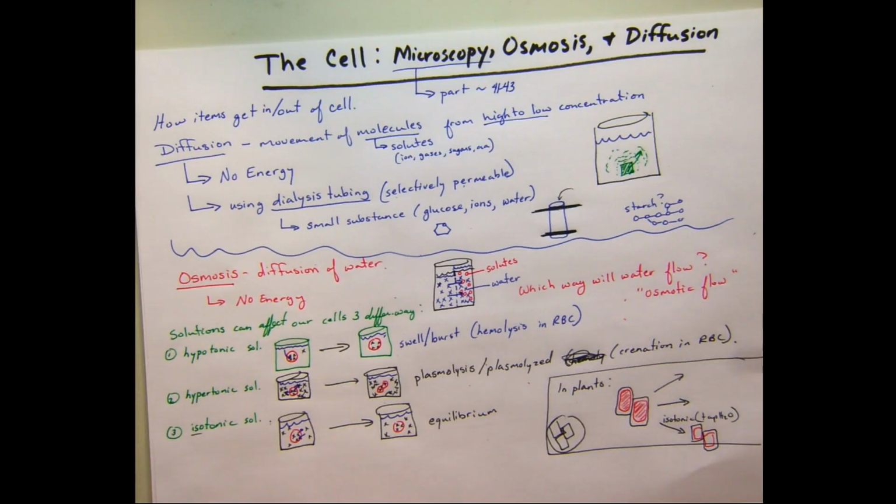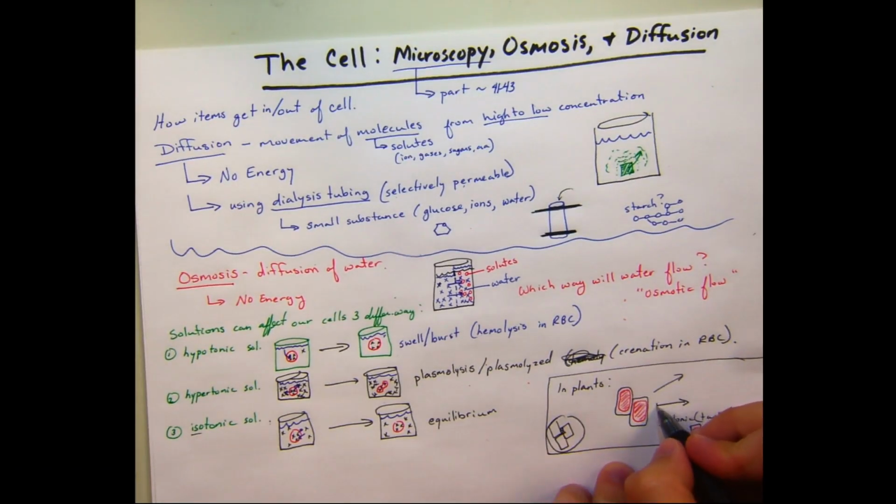After that, what we want you to do, and I'm going to do something a little different. So we're in isotonic solution. We are going to use those same cells, and we are going to put them in a hypertonic solution.